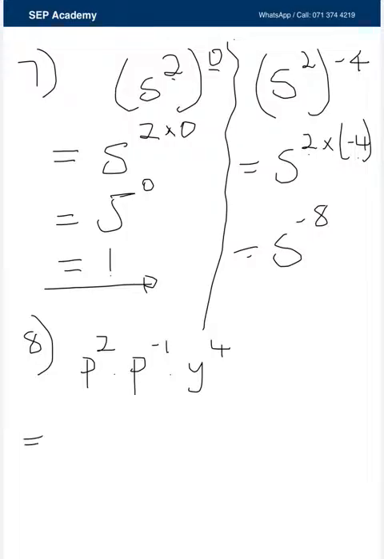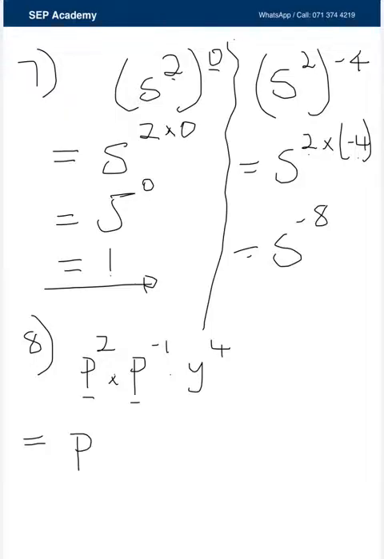So according to the laws that we have gone through, our main focus should be on the bases. Then once we know the bases that we are going to be dealing with, we will know what to do with their exponents. So it is this base which is the same as that base, and those are multiplying each other, and when they multiply each other, we combine or add their exponents.